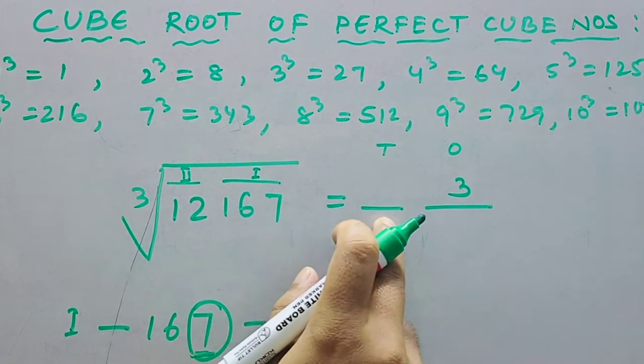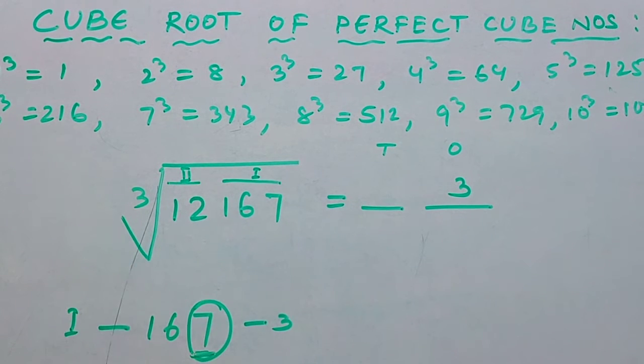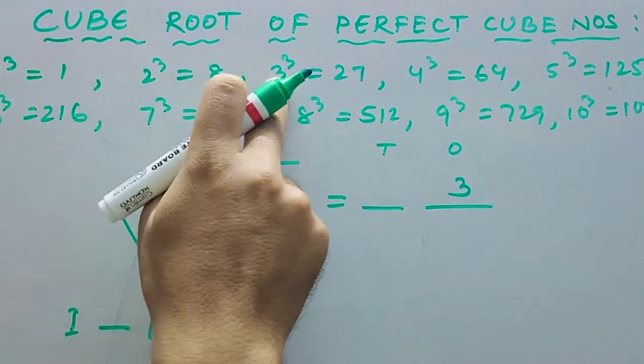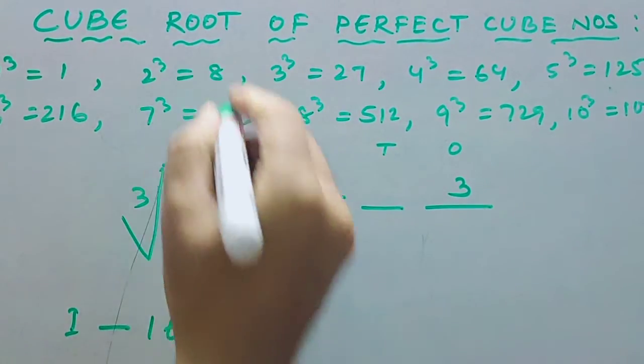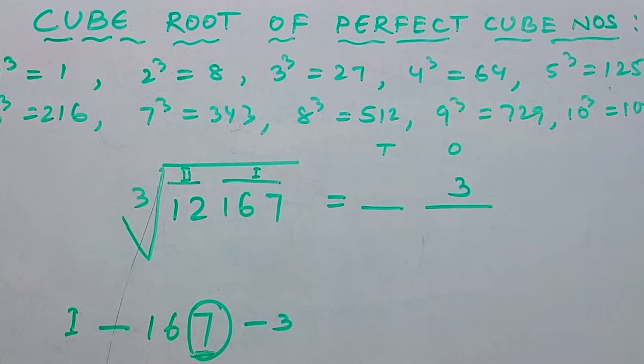If you want to find the tens place, take the second group. 12 is between two cubes, compulsorily. 12 is between 2 cube and 3 cube, because 12 is between 8 and 27. 12 is not a perfect cube number, so it is between 2 cube and 3 cube.